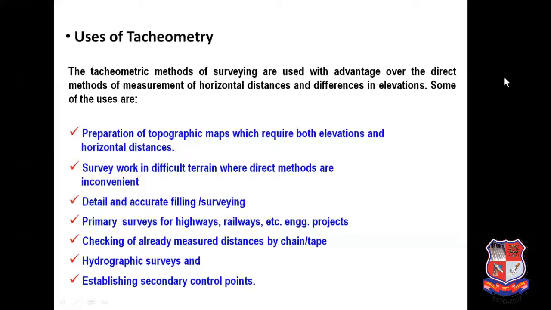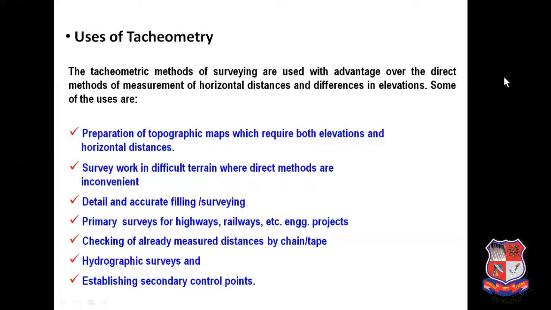We have to use the tachyometric surveying. Third one, detailed and accurate surveying purpose we have to use. Fourth one, primary surveys of highways, railways, and various other engineering projects.